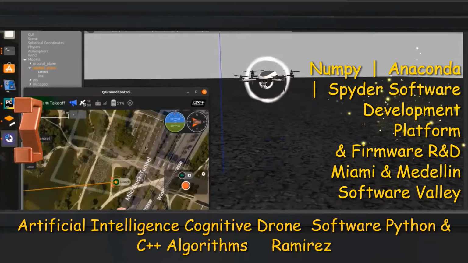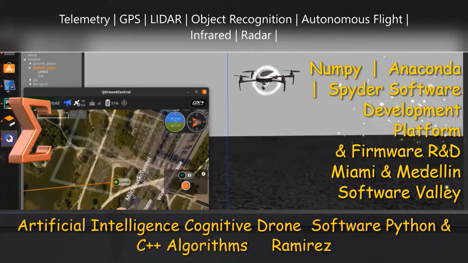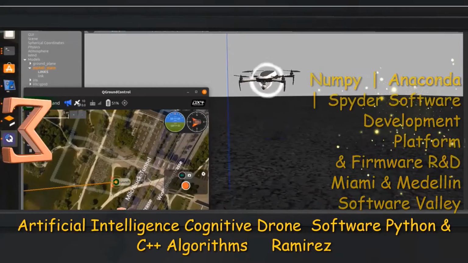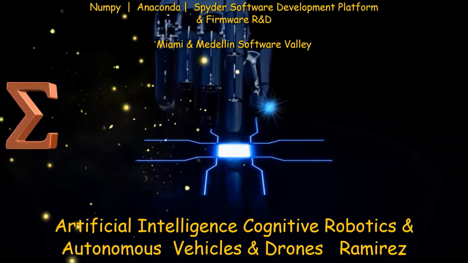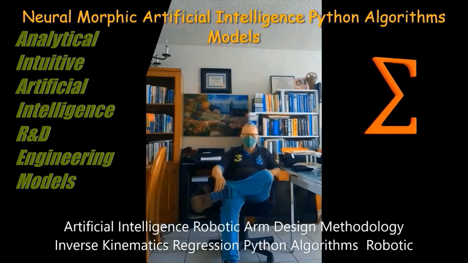The artificial intelligence cognitive drone mission plan and state machine. Fundamentally, there are 2 state machines running in parallel.